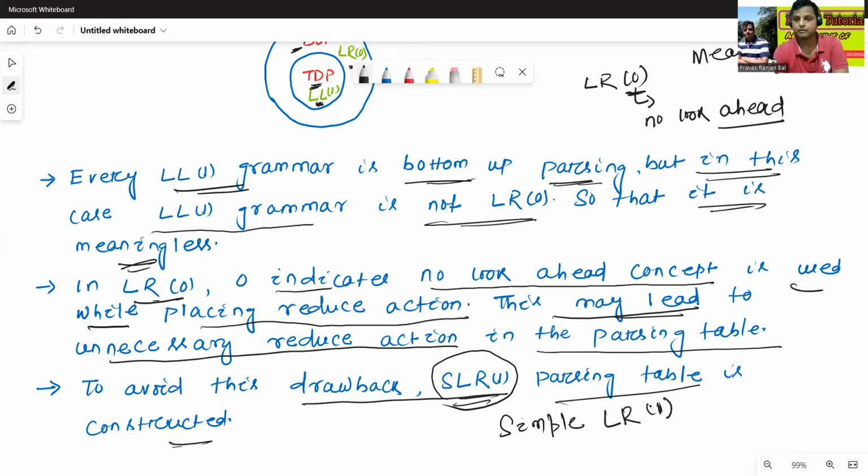Here 1 means look ahead symbol. This parsing table has a look ahead symbol, which means the reduce action will be placed based on some condition, whereas in LR0 there is no condition, so the reduce action is placed on all action steps. Okay, so that's why it happens.